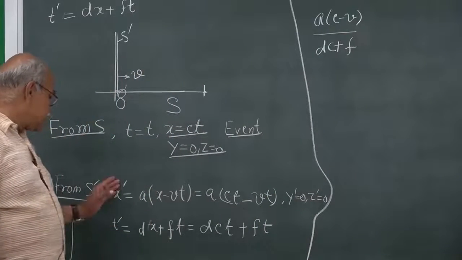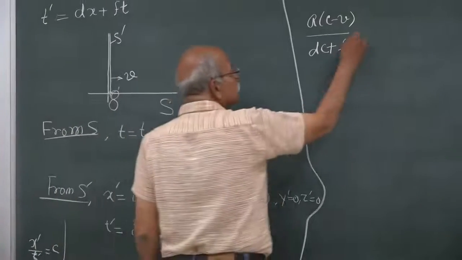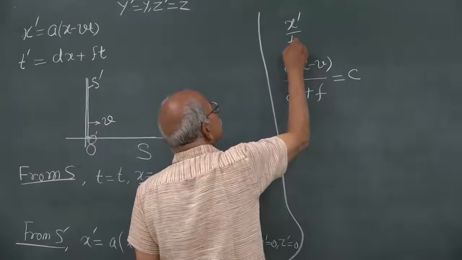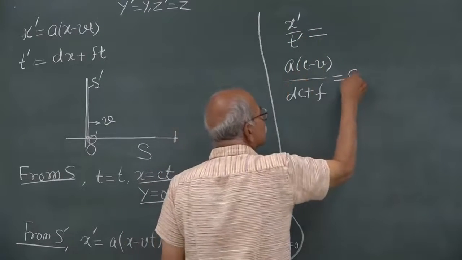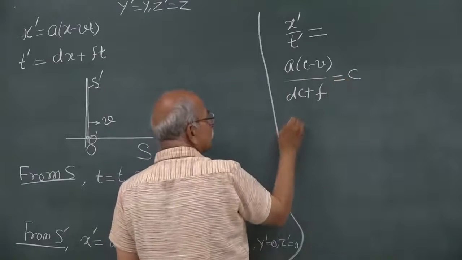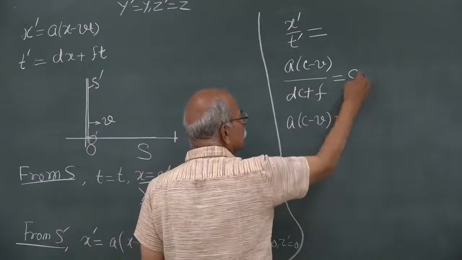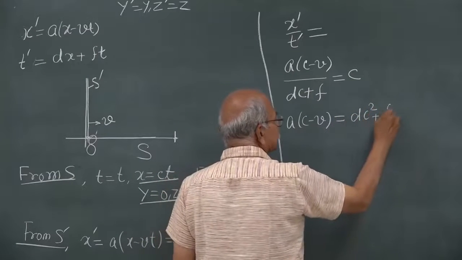So, that is x prime by t prime, and that must be equal to c. Therefore, a into c minus v is equal to d c square plus f c.